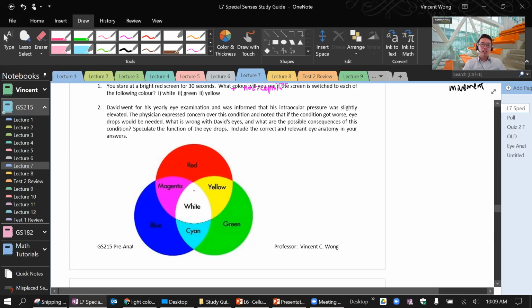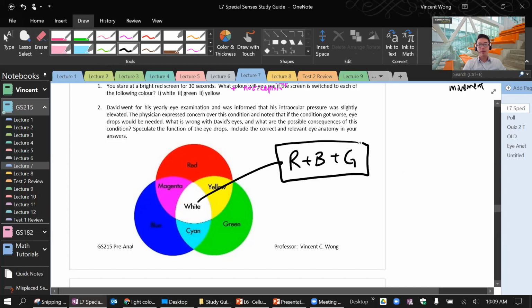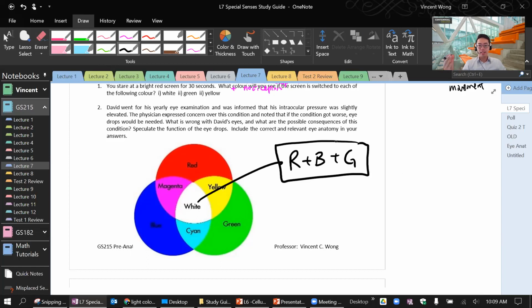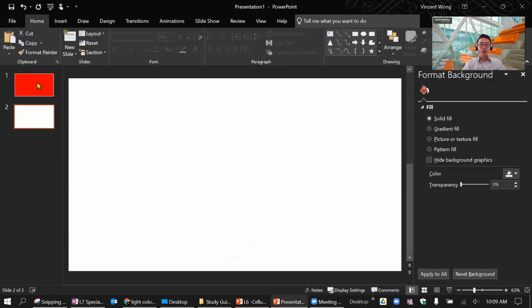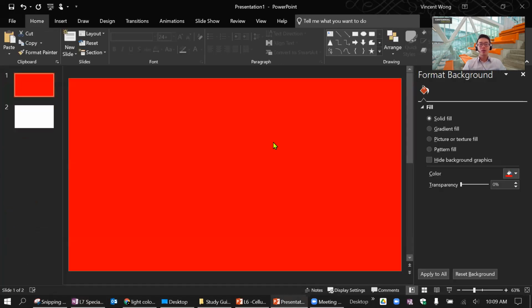Okay, so here is why. In order for you to see white, you need the red plus the blue plus the green. All three of them have to be firing at the same intensity for you to register the color white. However, when you were looking at the red screen, the red cone cells were working so hard. The blue and the green were doing nothing. It was just the red working super hard.